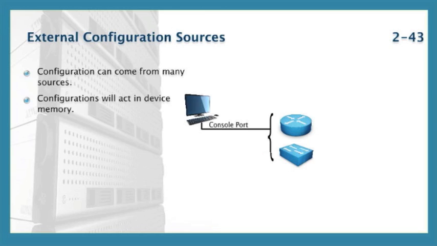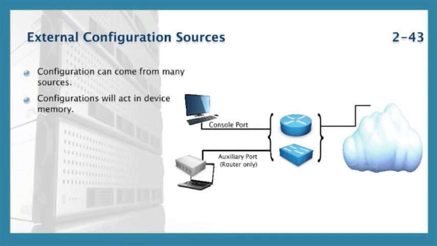Now, once you do that, once you give the device its initial configuration, then you can go in and connect a modem to the auxiliary port, and you can modem connect to the device. You could connect via Telnet.